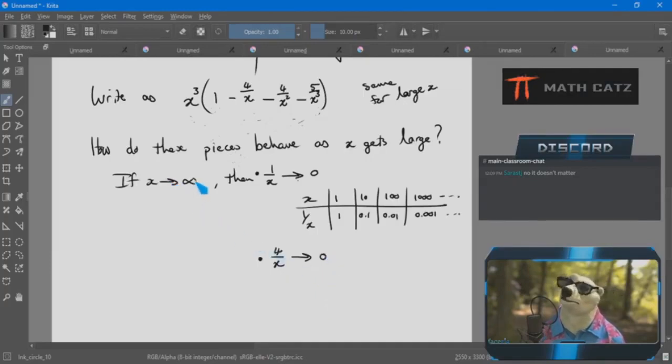You're thinking, if you're not sure how big x is, it's bigger than anything you can even imagine. There's no end. Does it matter if I make it negative? I'm only interested in the size. The size is the only thing that matters right now. Does the size of that fraction change by having a negative in front of it?